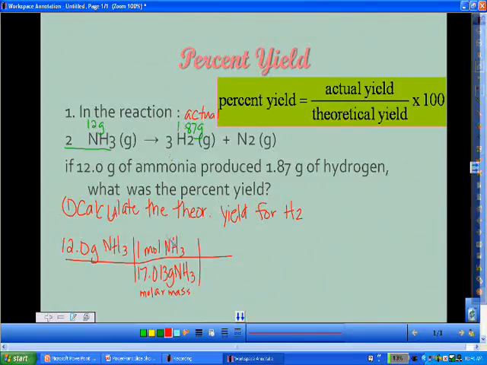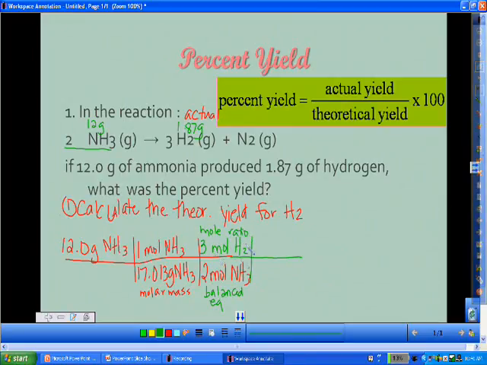Now we need to look at the mole ratio. We have 2 moles of NH3 to every 3 moles of hydrogen. This came from our balanced equation. It's the mole ratio, which we get from the balanced equation.